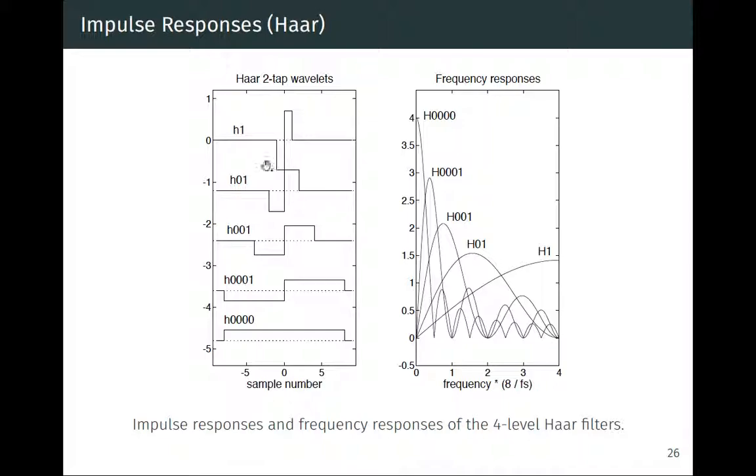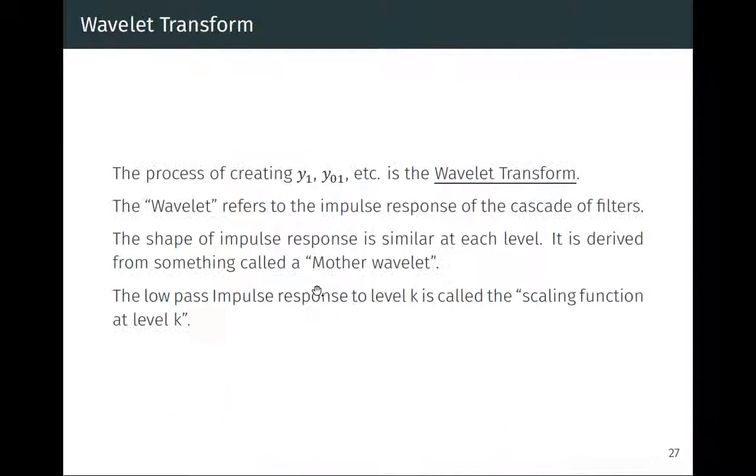Basically you have a shape, the original wavelet, that gets scaled at different levels. This is a multi-level structure, so you have your impulse response for that particular filter expanded at different levels.